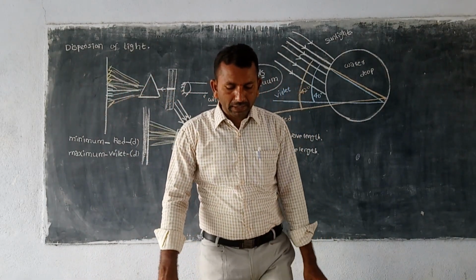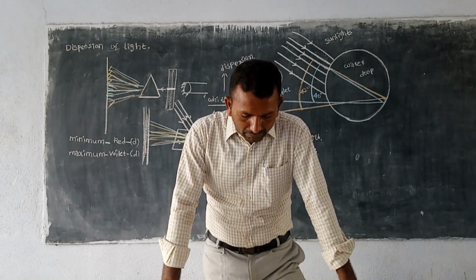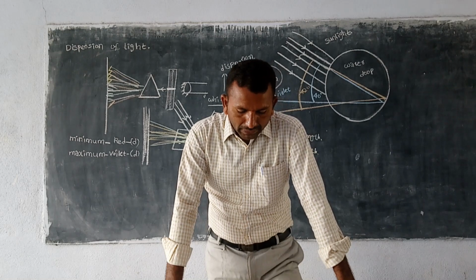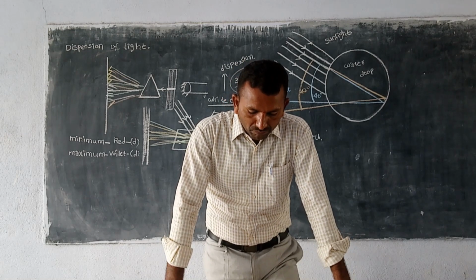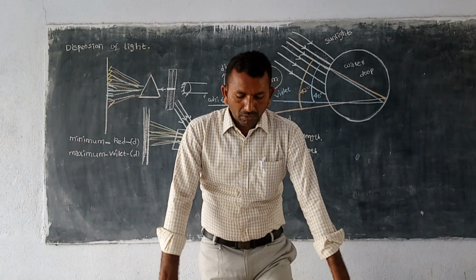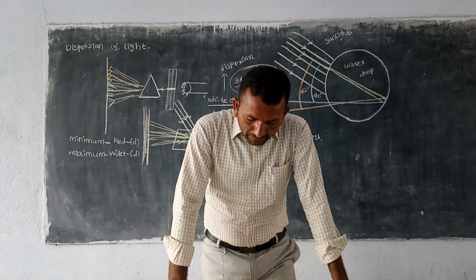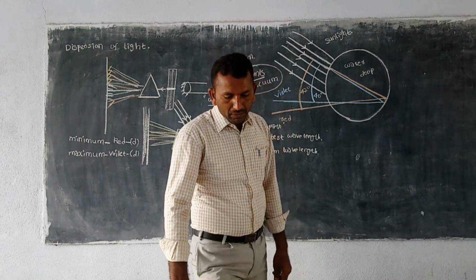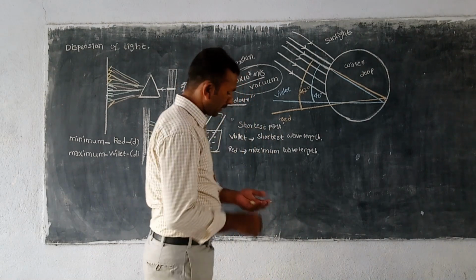And we have seen different colors refracted to different extents. This is the result of the separation of colors, producing a spectrum on the wall and the mirror as shown in the figure.